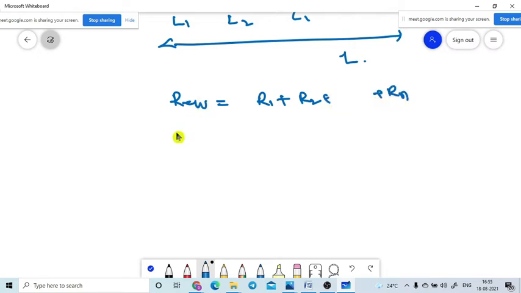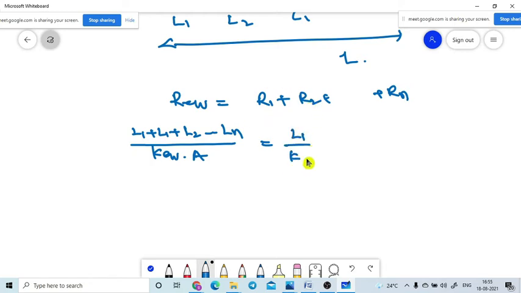So I will take R equivalent is equal to L equivalent, meaning L1 plus L2 plus and so on Ln, divided by K equivalent into area itself. But what is this R1? Each R1 is equal to L1 by K1 into A1. And the other one, A, I told you A is constant.